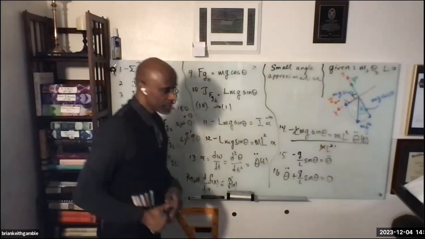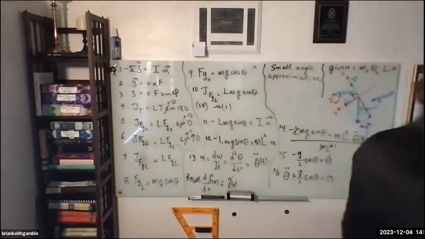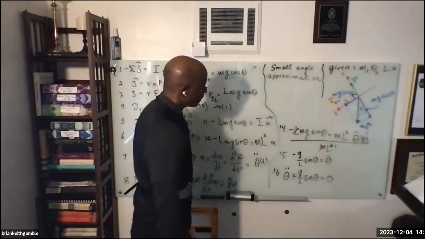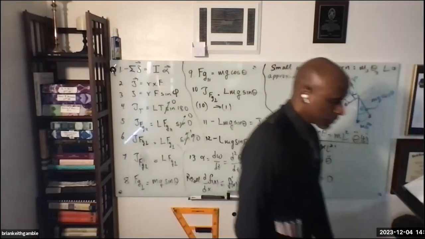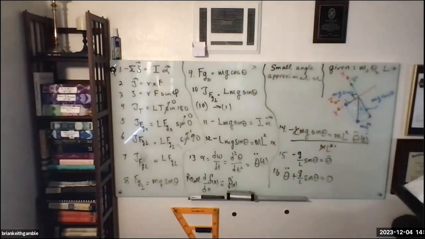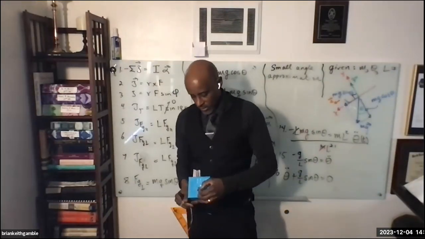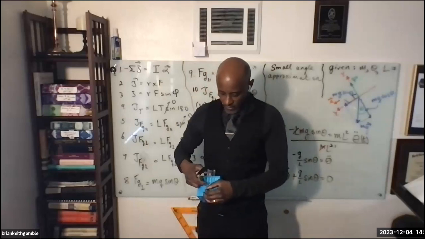If I go back to my pendulum here, I've erased the picture that I needed, but let's see if I can do it just with the picture here. The criteria for the small angle approximation can be justified qualitatively.